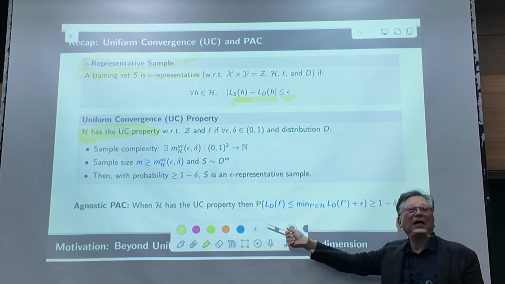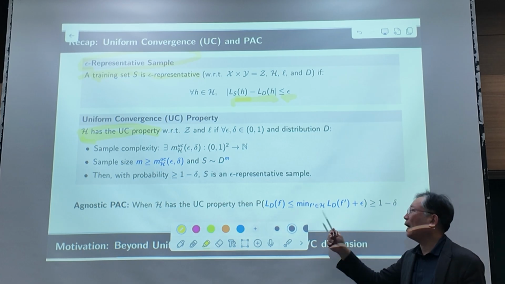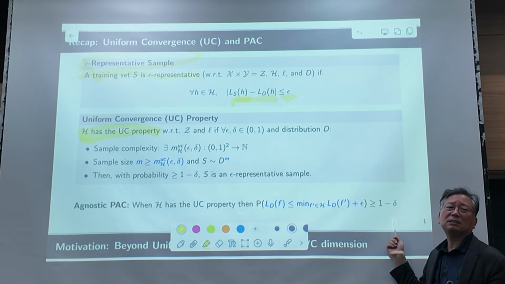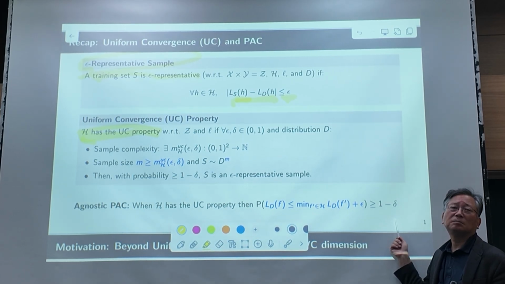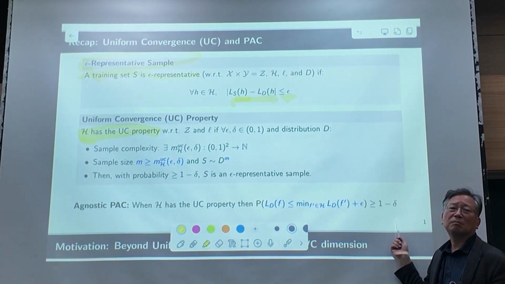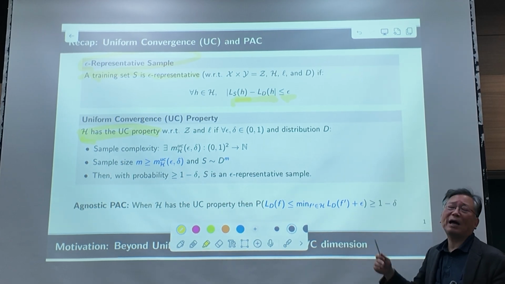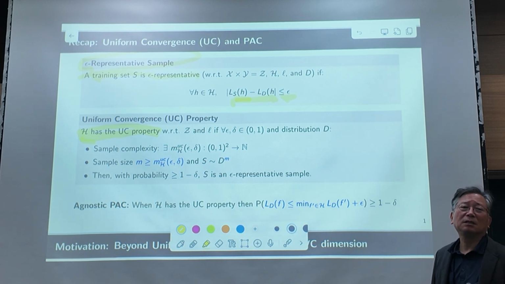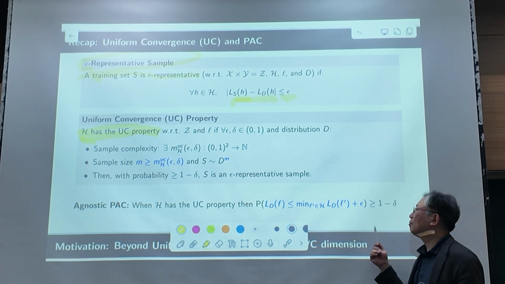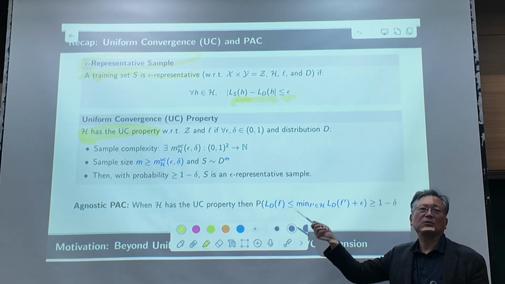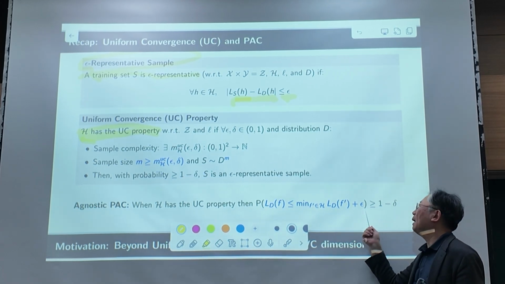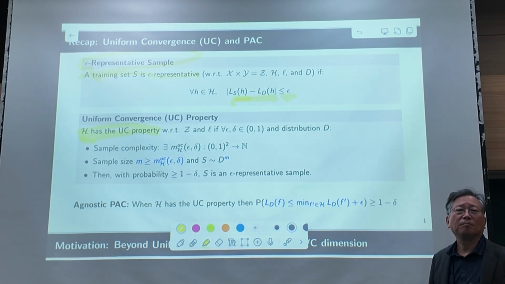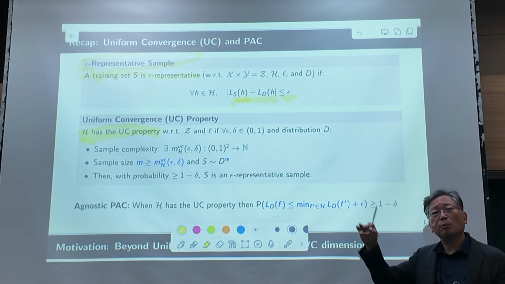This does not happen all the time; it happens with probability greater than 1 minus delta. And in order for this to happen, you need to have samples greater than the sample complexity, which is a function of epsilon and delta. This is what we covered.